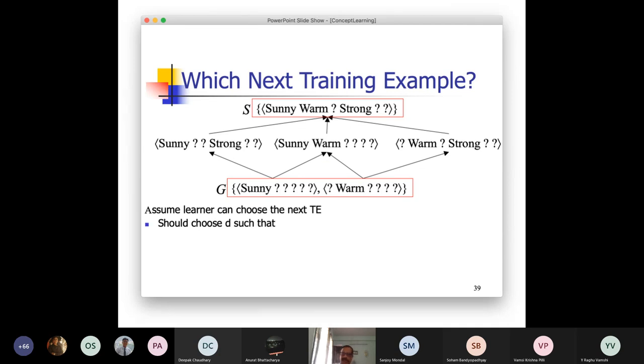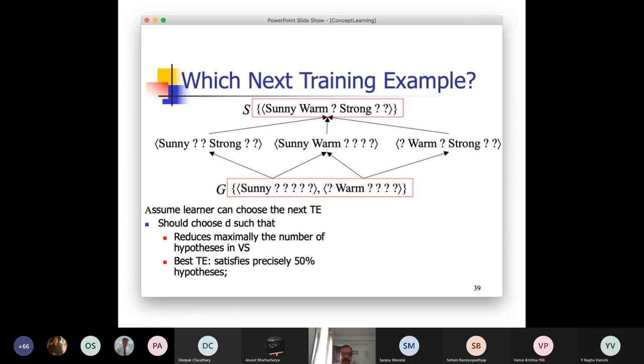Ideally, since you are narrowing down, if you can get some order by which at every training example you are reducing the number of hypotheses in the version space maximally, ideally to half, then your convergence would be faster.